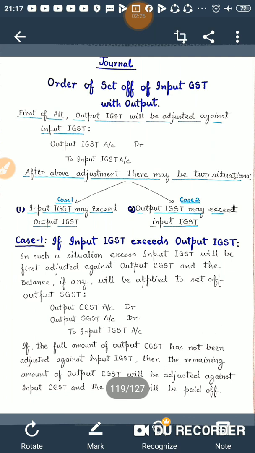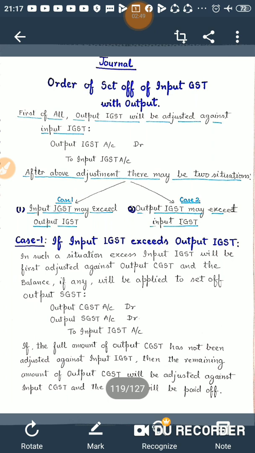First of all, output IGST will be adjusted against input IGST, and the journal entry will be: output IGST account debited to input IGST account. We know that output IGST has a credit balance and input IGST has a debit balance.